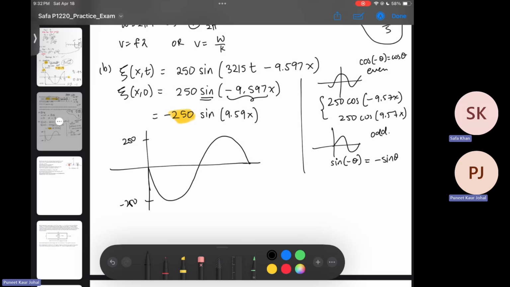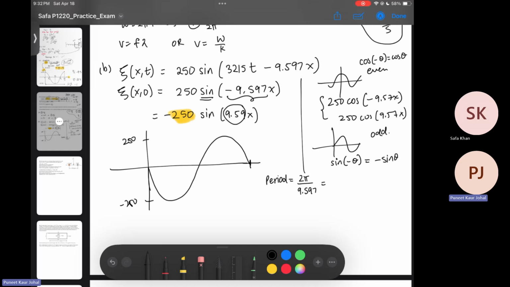Your period, remember, is determined by this value. So period is 2 pi over this value of 9.597.